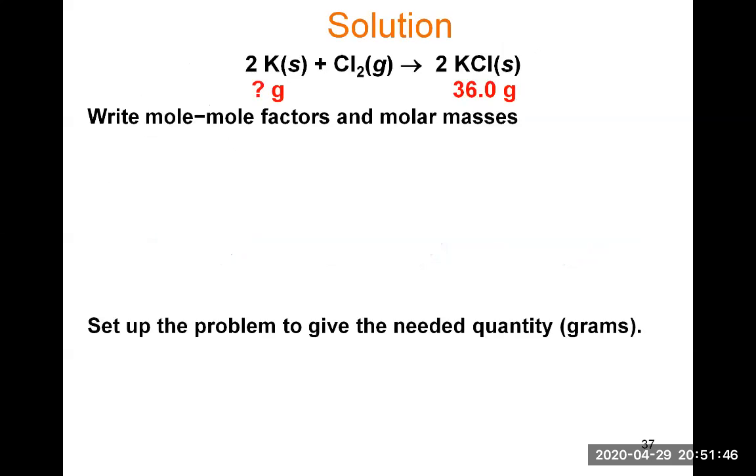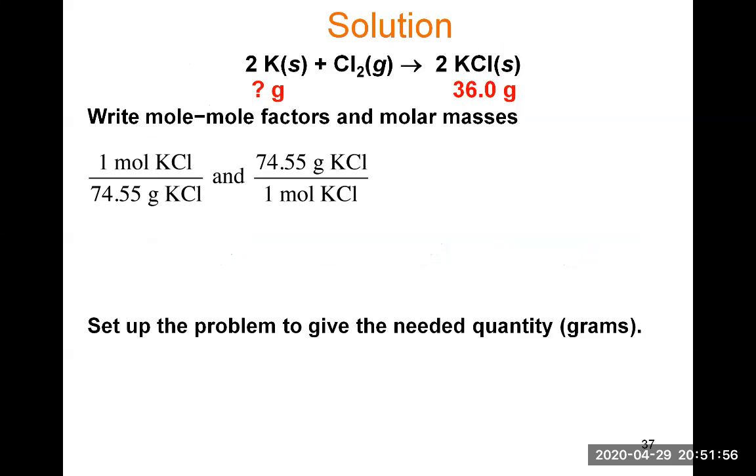So the next step is to write the conversion factors. You don't have to write all these conversion factors; you could right away find the ones you will use. But from the molar mass of KCl, there are 2 conversion factors, and here they are shown. We will decide which one we need to use first. Knowing that we start with 36 grams of KCl and we want to cancel the grams of KCl, we will need to use the first conversion factor out of these 2.